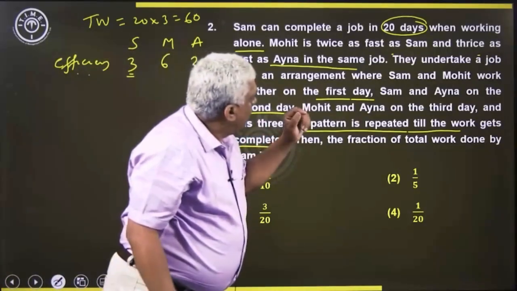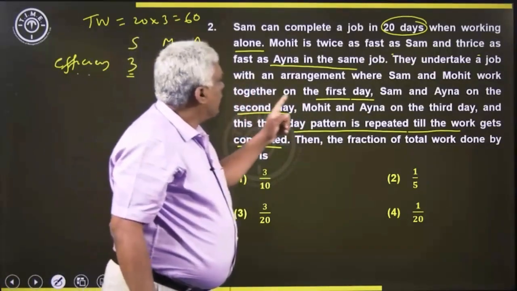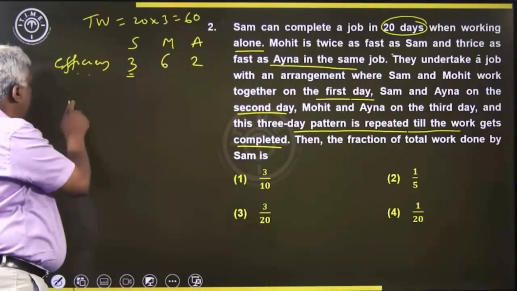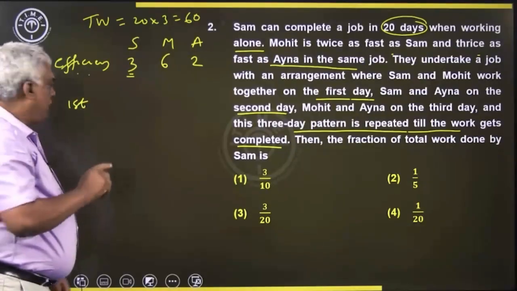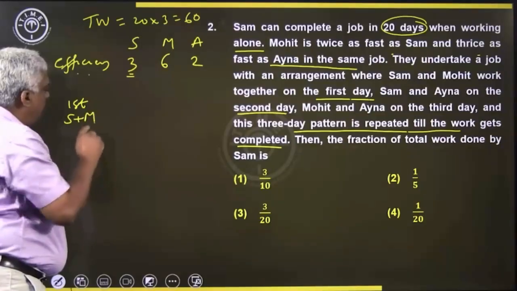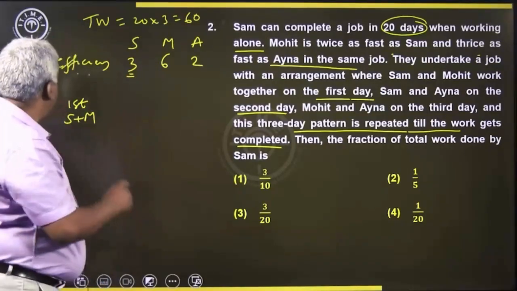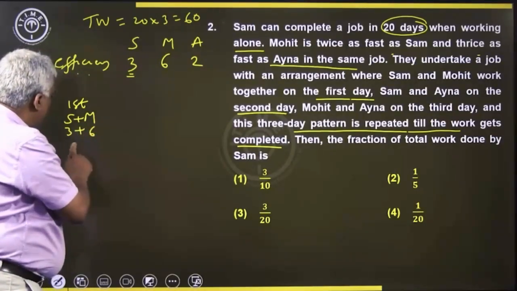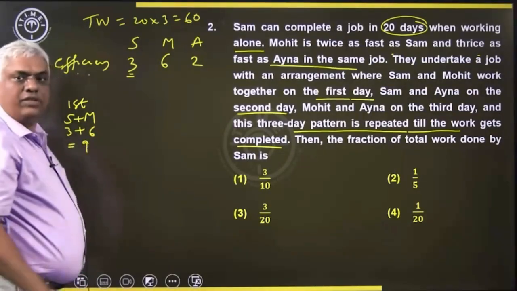Now they undertake the job in an arrangement: Sam and Mohit work on the first day. So first day Sam and Mohit are working, S plus M. S is doing 3 units of work, M is doing 6 units. So first day 9 units of work is done.